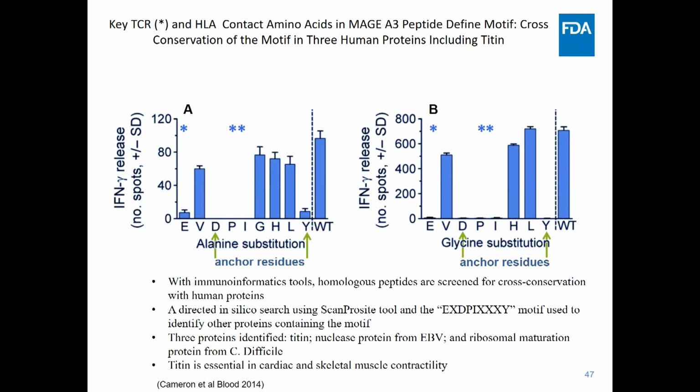By alanine and glycine substitution, the T cell receptor amino acids were described as well as the anchor residues. Homologous peptides using that motif were screened for cross-conservation, and 3 proteins were identified, including titin.